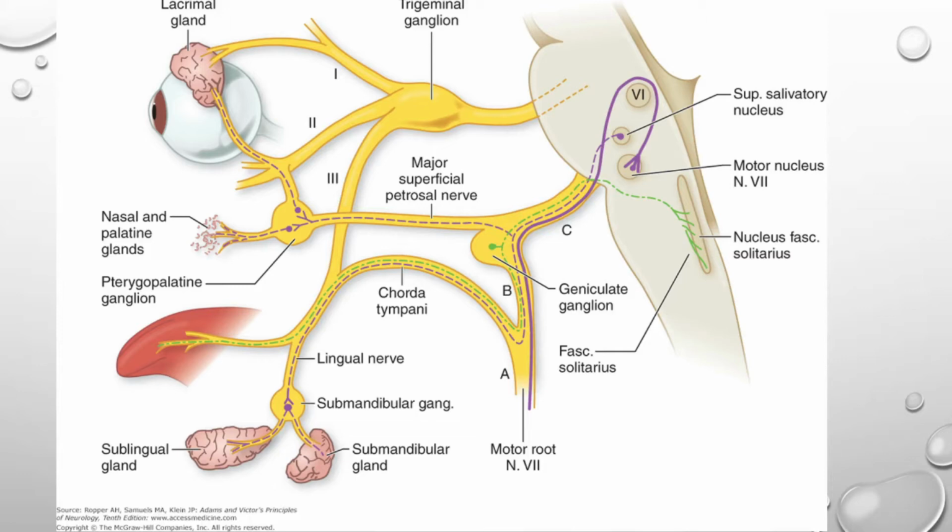It's not the only nerve responsible for taste, but it is the main nerve. So the greatest proportion of the taste sensation from your tongue is carried by a branch of the facial nerve.